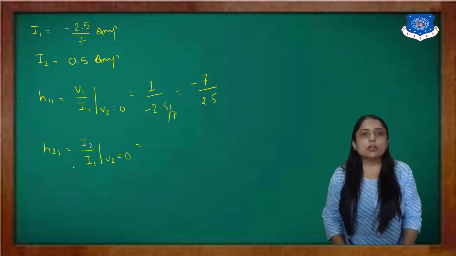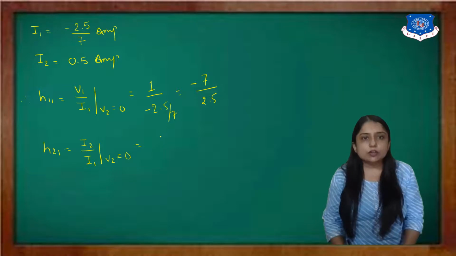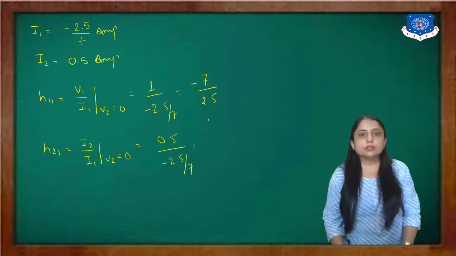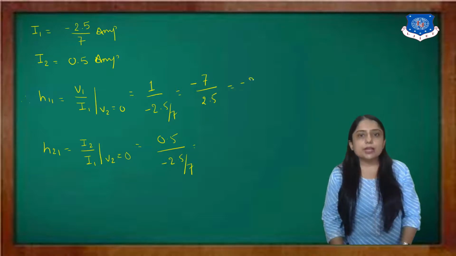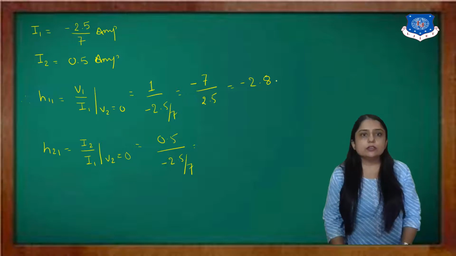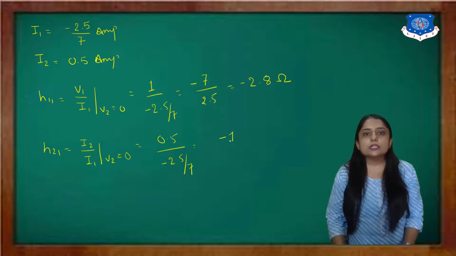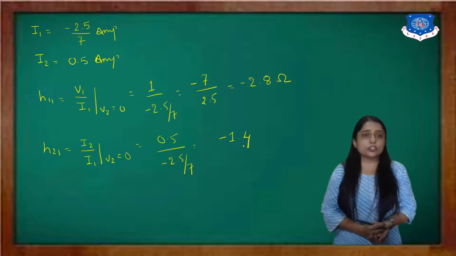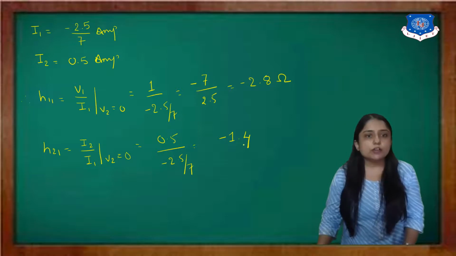And this H21 will become I2, which is 0.5, and I1 is minus 2.5 divided by 7. H11 will get minus 2.8 ohm and this will give minus 1.4. So this is the answer of H11 and H21.